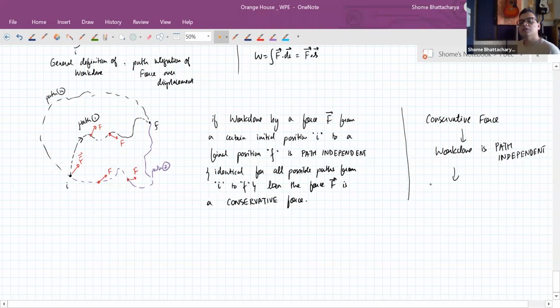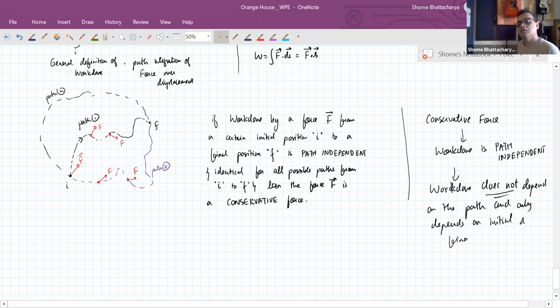So that means the work done does not depend on path and only depends on initial and final positions. So make a note of the definition, then we'll discuss with example.